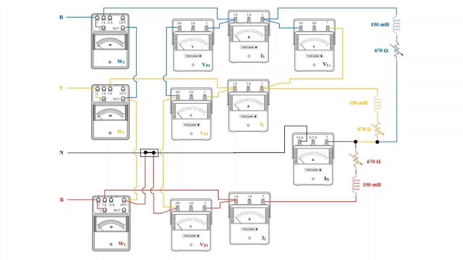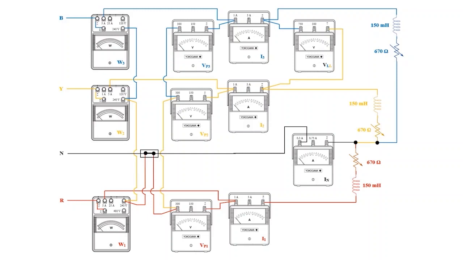To have a better understanding of the terminal connections, let's observe this connection diagram. Here we have the same arrangement of what we observed in the previous actual circuit. As we observed in that actual circuit, phase B resistor is connected to phase Y resistor, and phase Y resistor is connected to phase R resistor.